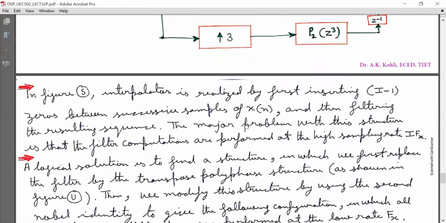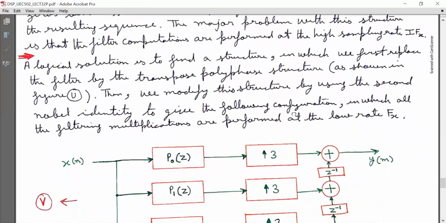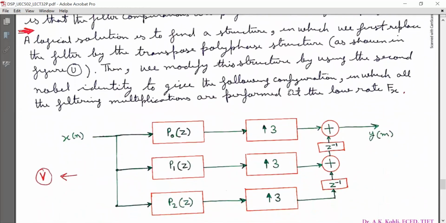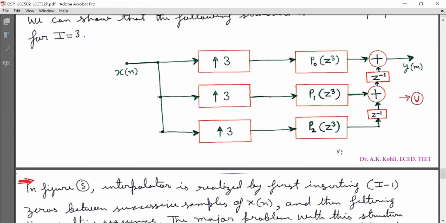A logical solution is to find a structure in which we first replace the filter by the transpose polyphase structure, as shown in figure U. Then we modify this structure by using the second noble identity to give the following configuration, in which all the filtering multiplications are performed at the low rate Fx. So here I can apply the second noble identity.